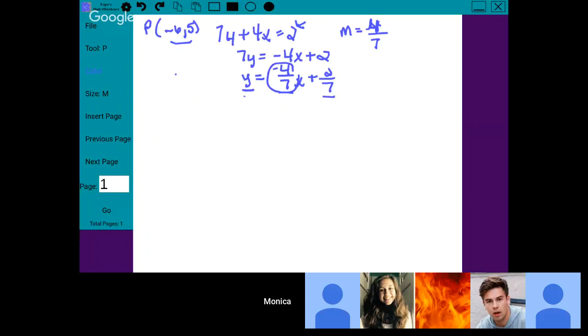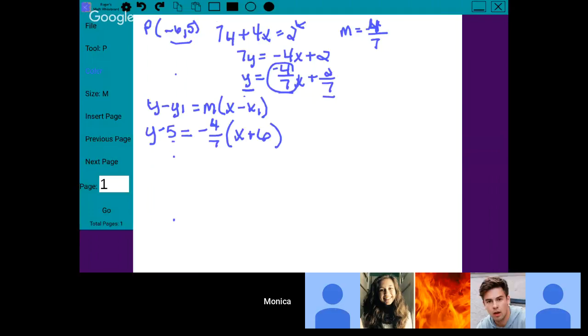That's the easiest way to do it, guys. So you'll have y minus y1 equals m times x minus x1. So the y stays the same, minus y1 is 5, because that's the y coordinate of the point that they give us. And then our slope is -4/7 times x minus x1 is a -6, so it'll be a +6, okay?